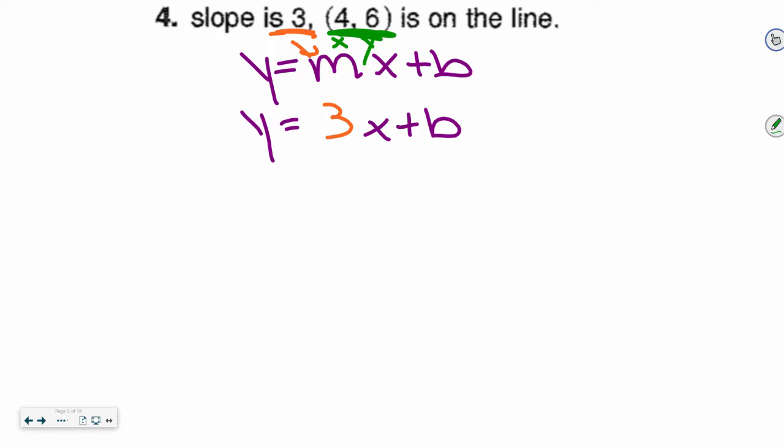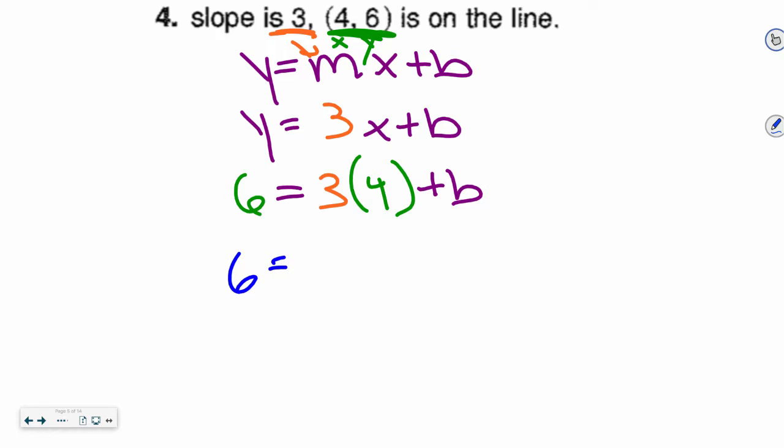So to find the equation, I'm going to take those 2 numbers and I'm going to plug them into my y equals mx plus b form. So the 6 is my y equals, my 3 doesn't change because that's still my slope. My x becomes 4 plus b. Now I have all these numbers and I can solve for b. So I'm not going to change 6.